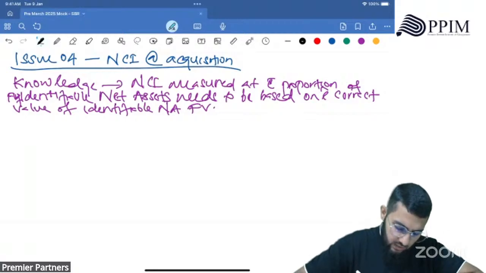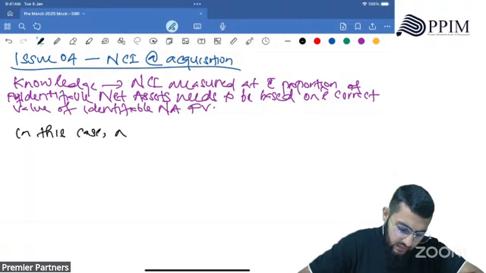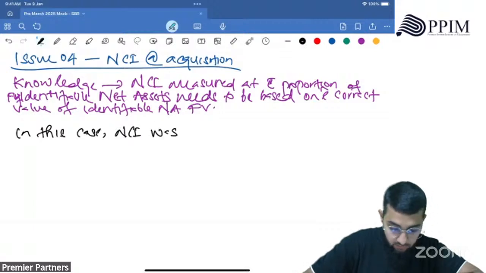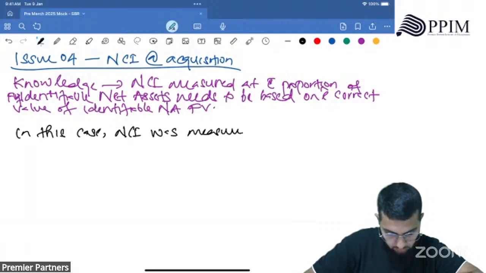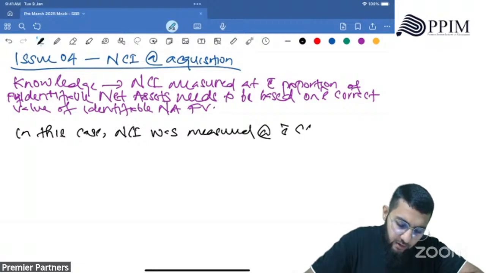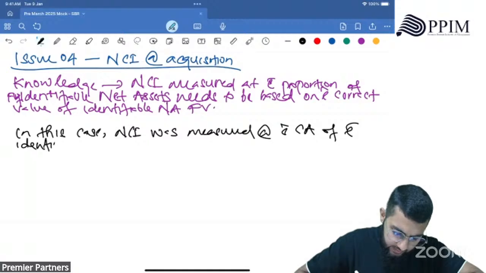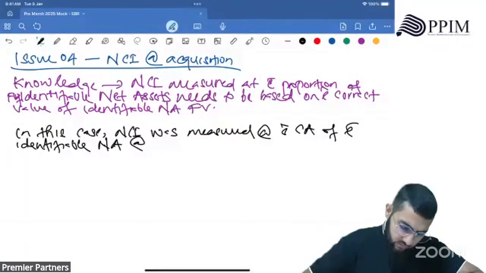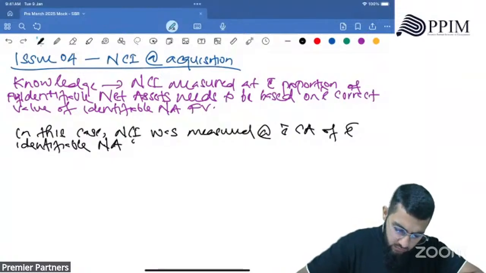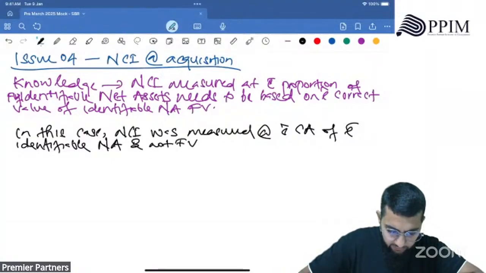Application. In this case, NCI was measured at the carrying amount of the identifiable net assets and not fair value.